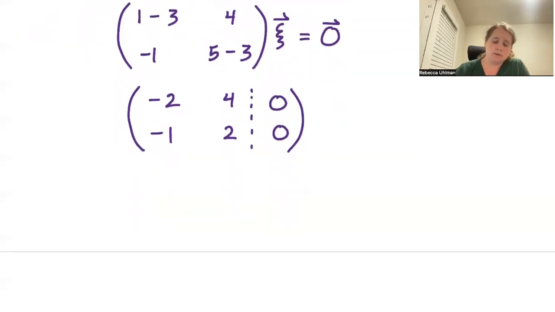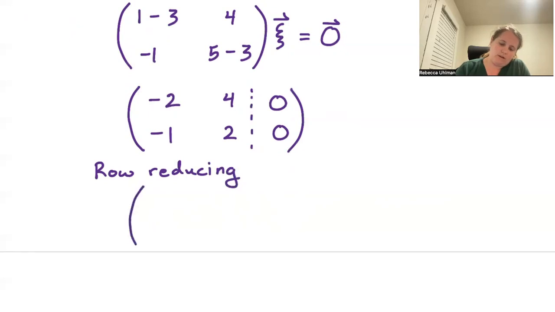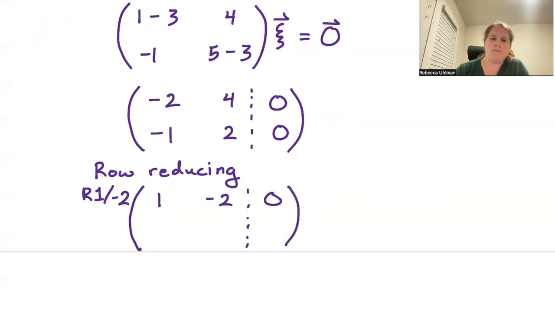So if we row reduce, if we just do row 1 divided by -2, we would be looking at 1, -2, 0 for that first row.